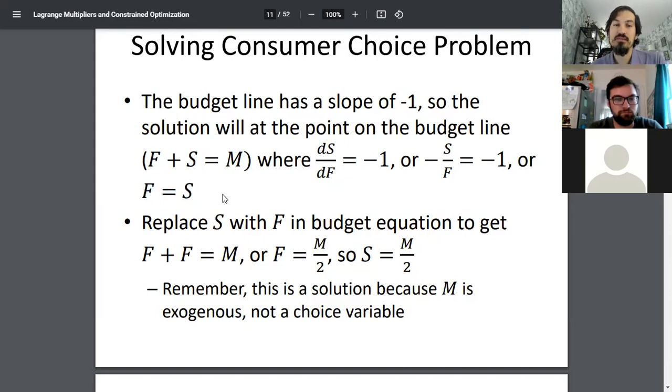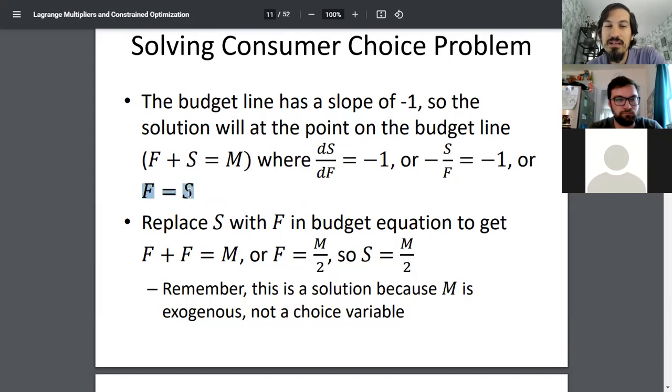Okay, so how do I continue on with the solution of this problem? I would take this f equals s and insert it into this budget equation. In other words, replace s with f in the budget equation. Every time you see an s, replace it with f, because that's the condition we found, f equals s. Almost like a first order condition here, right?